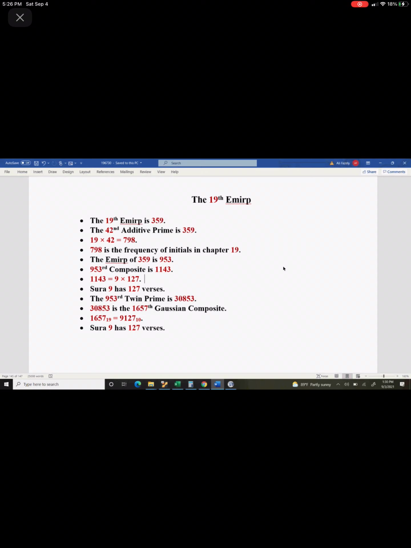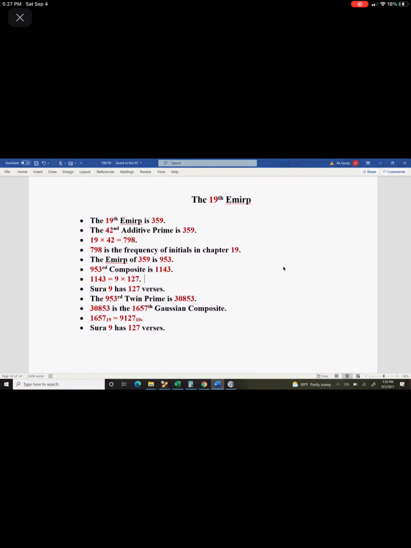We further know that 1657 happens to be an additive prime also, because it adds up to 19. We just saw it, which is a prime number, the sum of digits. And 139 happens to be the number of letters in the opener, Al-Fatiha. When you do the Al-Fatiha, you recite 139 Arabic letters.